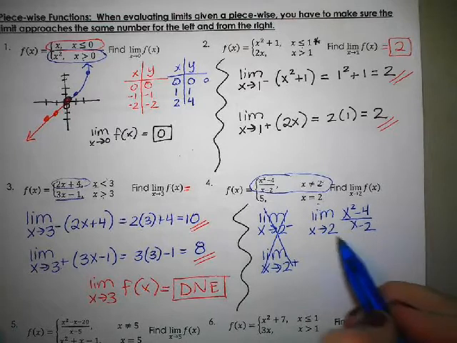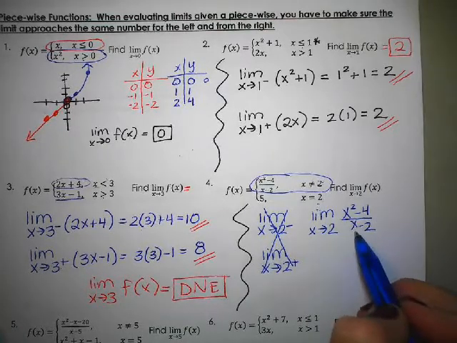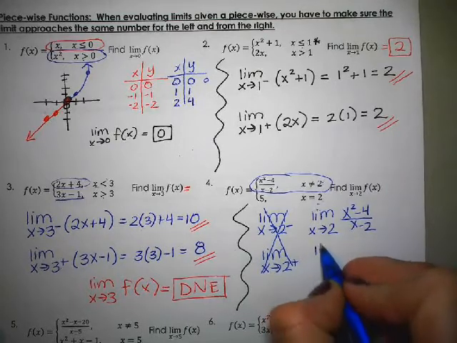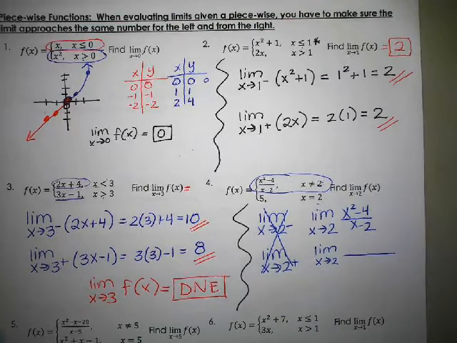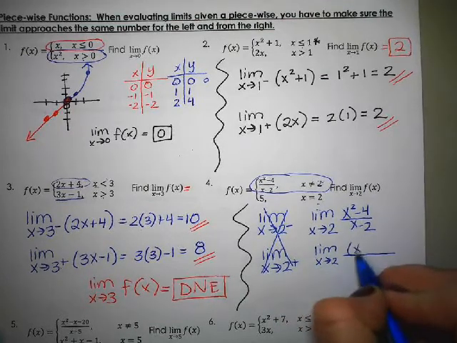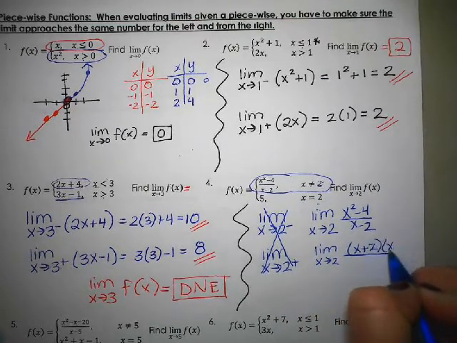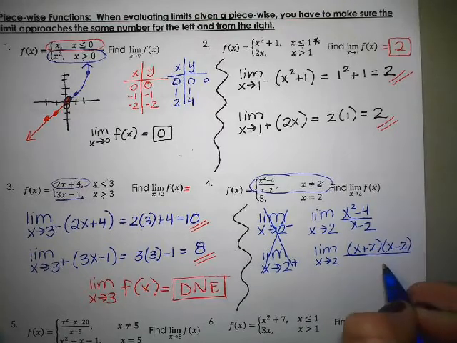Now, when I find this limit, if I were to just substitute in, I get 0 in the bottom, which is a problem. So because there's a problem, I have to resort to a different method. Hopefully you remember from last week, we can factor. The numerator is x plus 2, x minus 2. The denominator is x minus 2.